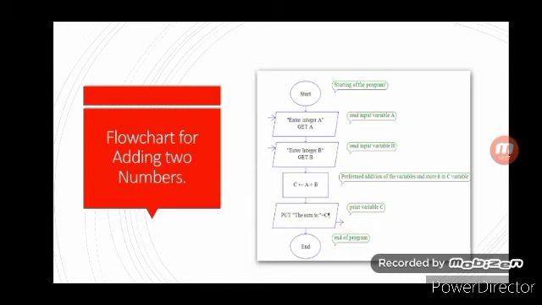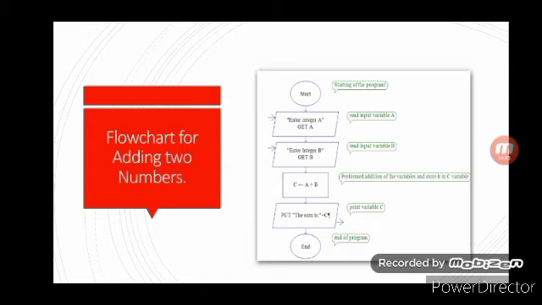And then c comes to a plus b. Whatever we get after adding the value of variable a and the value of variable b, we should contain that value in c. Now print the sum, variable c, end of the program.